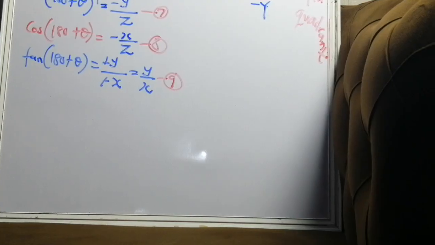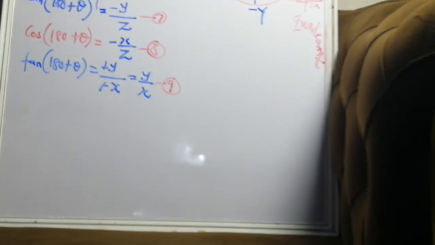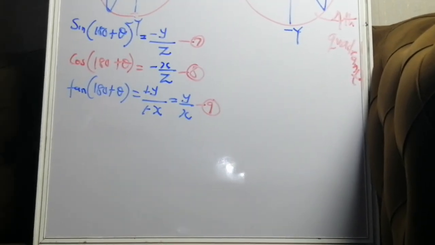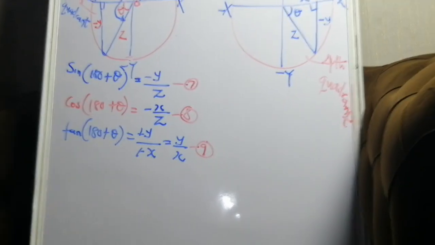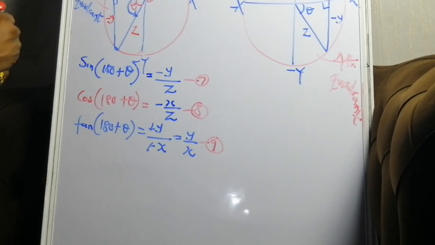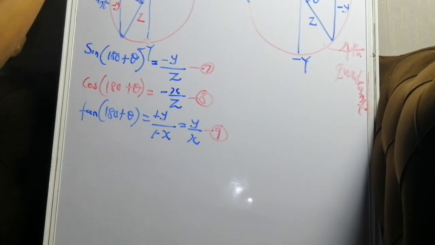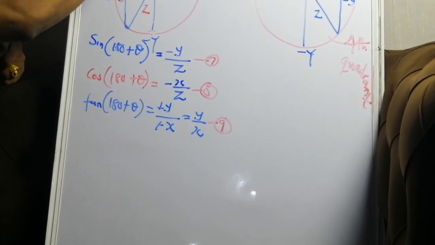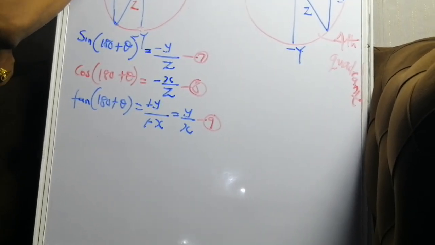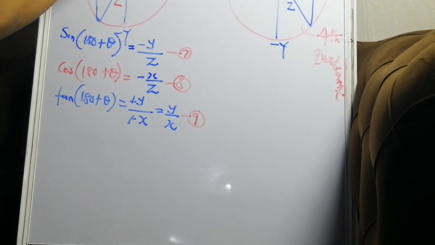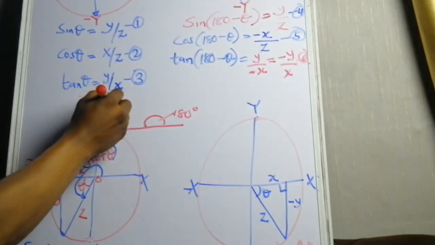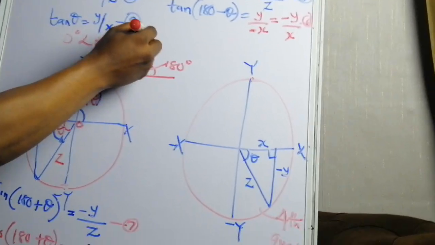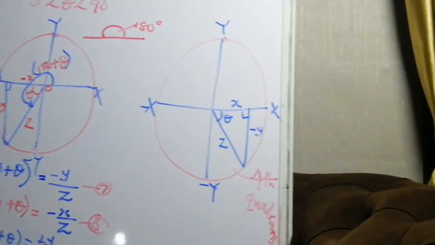If they give you find cos 120, you should know that cos 120 falls in the second quadrant because it's not up to 180. That is what I'm trying to say. In this first quadrant, I can say this is 0 degrees: 0 degrees less than or equal to theta less than or equal to 90 degrees.